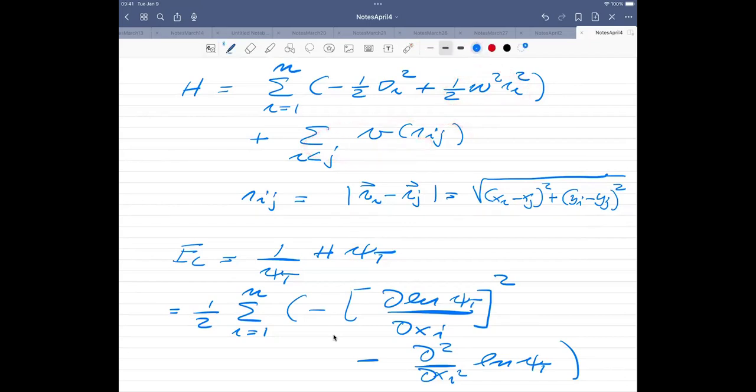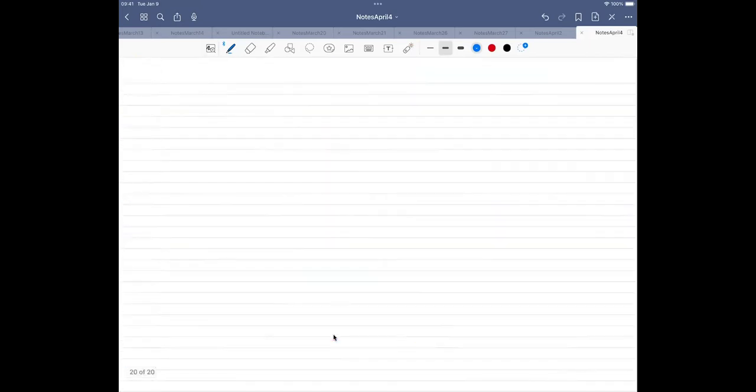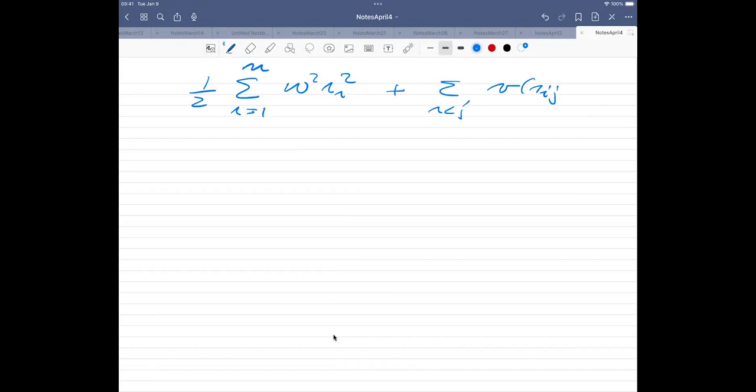So we do have a plus here, and then I have a factor of 1/2, and then there's a sum from i equal 1 up to the number of particles, omega squared r_i squared, plus a sum over i less than j, up to the number of particles, of this potential which we have, V of r_ij, like that. So these are the equations which we need to think of when we now are going to set up our Boltzmann machine.